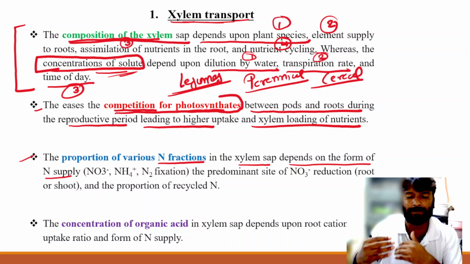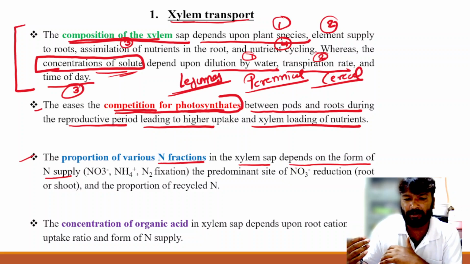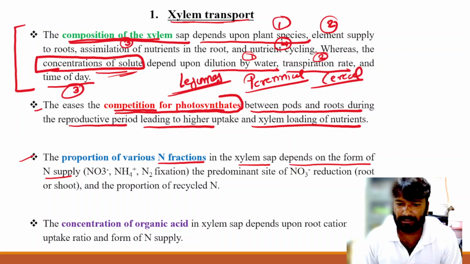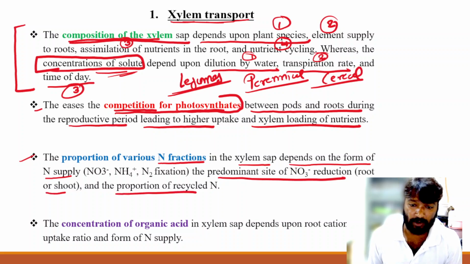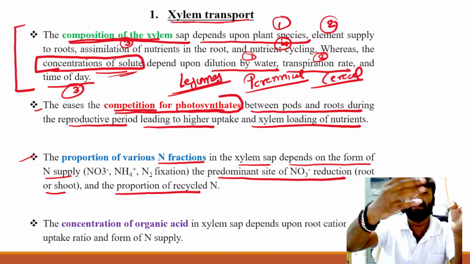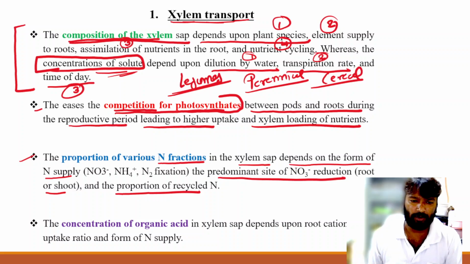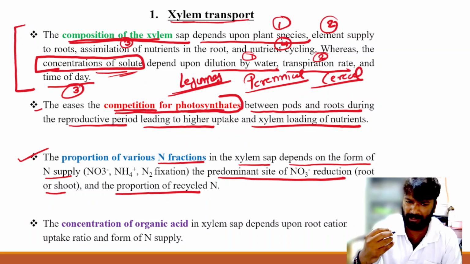Like nitrogen can be supplied in the form of nitrate, it can be in the form of ammonia or the nitrogen fixation product, or the predominant site of nitrate reduction is the root or the shoot, and the proportion of recycled nitrate from the senescence leaf tissue. Okay, so it depends upon the different form of nitrogen.